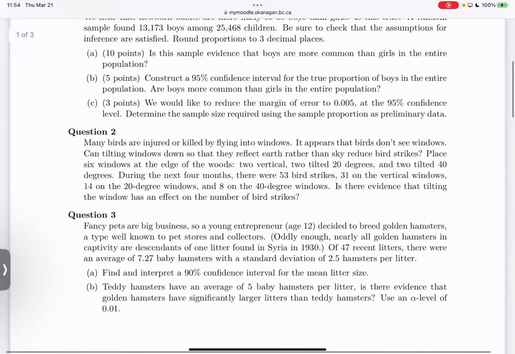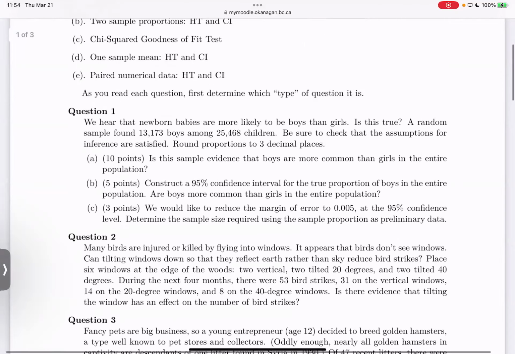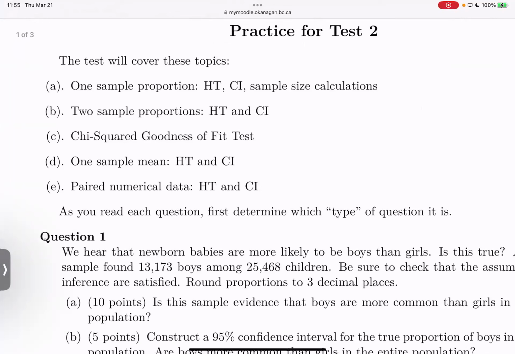And so here's lots of problems. Now, what I want you to do, because it's a very important skill to have, is before you even try any of these, just go through and determine what type of question it is, right? What type of all of these is it, right?